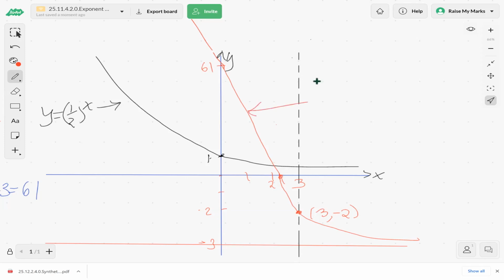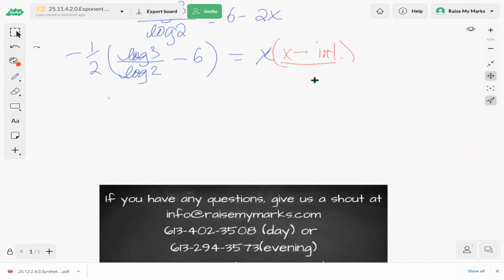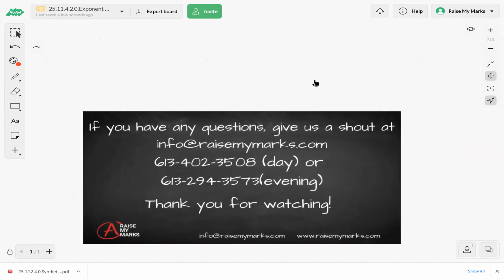So this is our new function, y equals 1/2 raised to the power 2x minus 6, all of that minus 3. Good. So that's a graph of an exponential function with transformations applied to it.